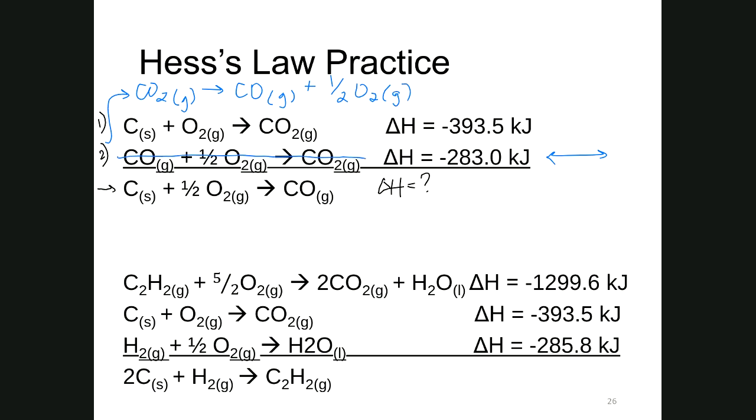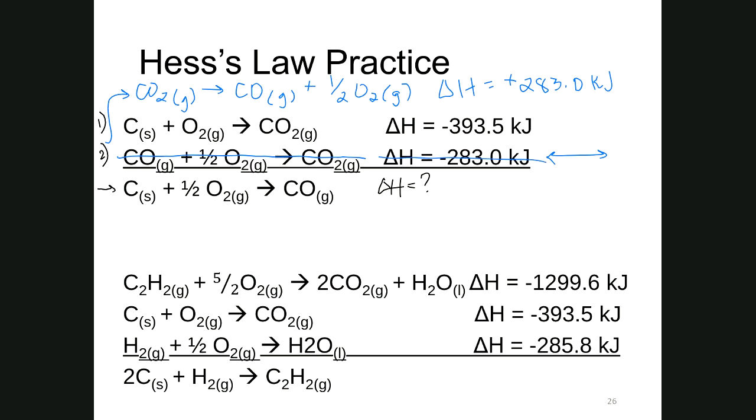It's no longer important because we've rearranged it. And then what happens to the enthalpy of a reaction when we reverse a reaction? Well, we saw in an earlier slide that when we reverse a chemical reaction, the enthalpy changes sign. So the enthalpy is now going to be positive 283.0 kilojoules. So we can forget about that.